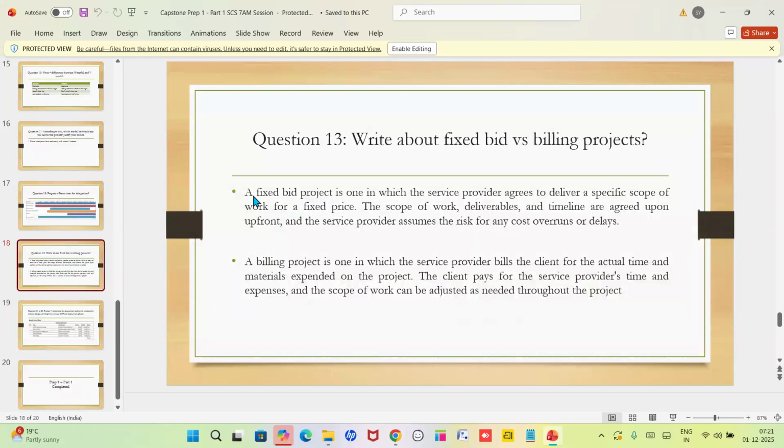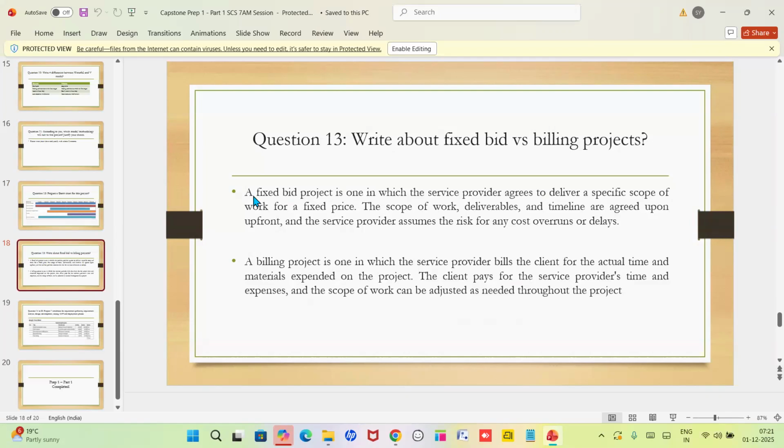And coming to the 13th question, here we need to find out the fixed bid and the billing projects. In the fixed bid, the risk will be more for the organization's people than for the client, because Mr. Anthony will be the client, right? He fixed a timeline of 18 months and a budget of 1 crore.